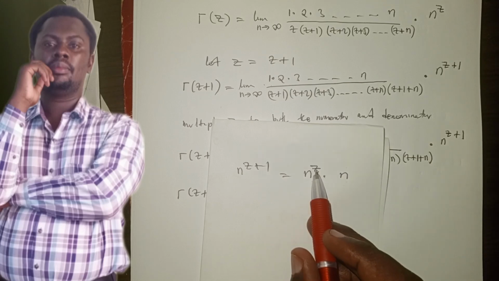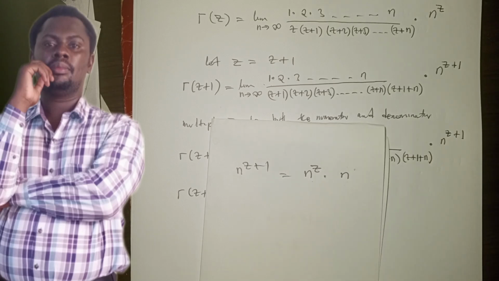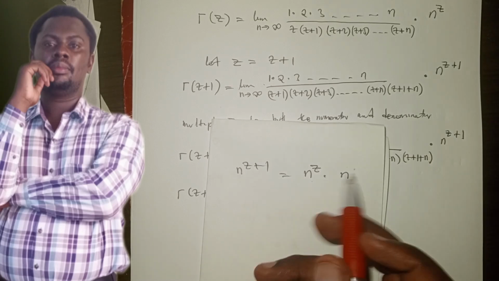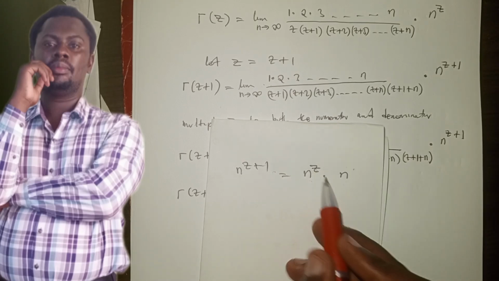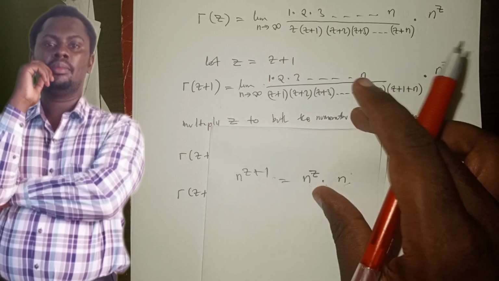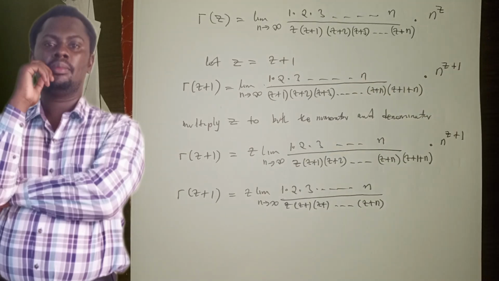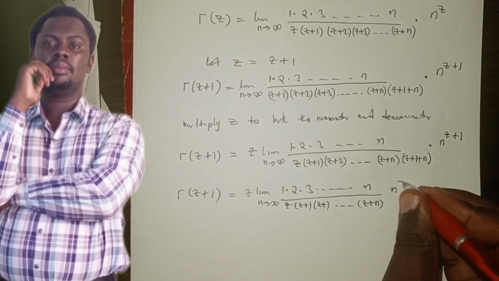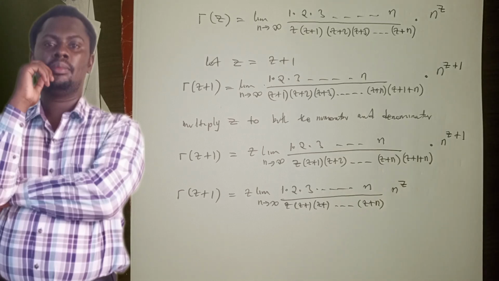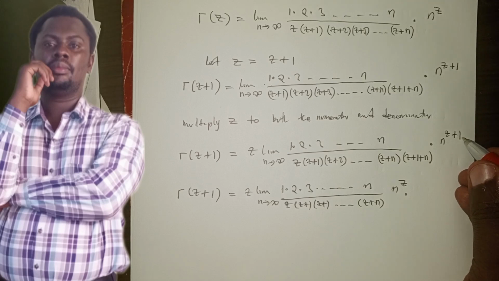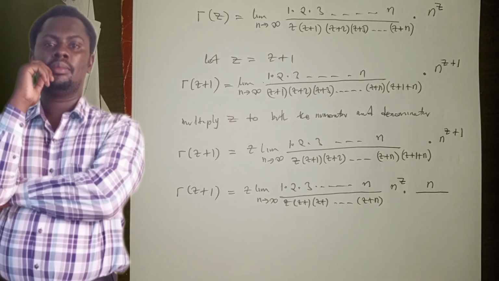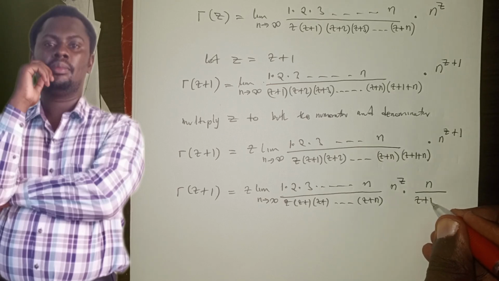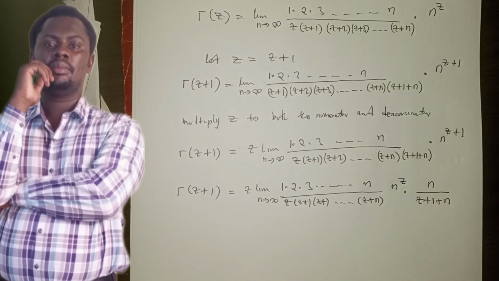The power here is 1. So we get n to the power z, multiplied by n on top, over z plus 1 plus n.